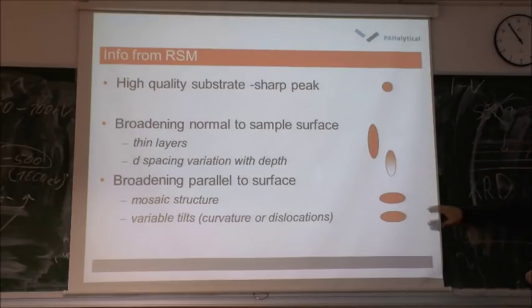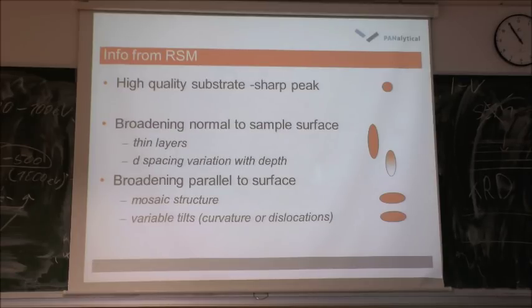And then we have broadening also in a horizontal way. This can be seen for structures with a certain mosaic spread. What is this? You grow a material in, let's say, 001 direction, and then this growth is not as perfect as it can be, so this 001 direction is slightly inclined into different directions.